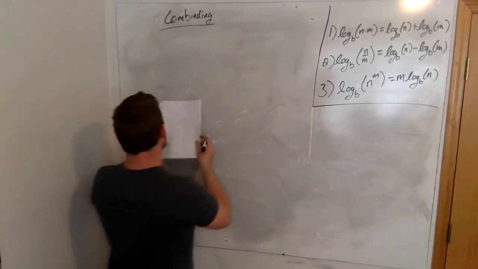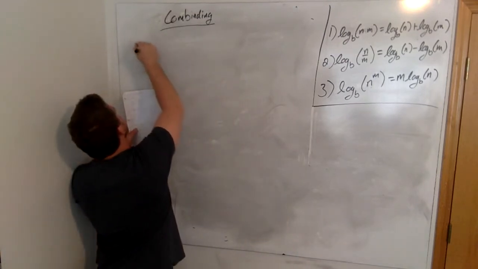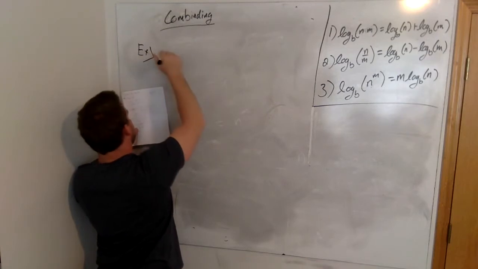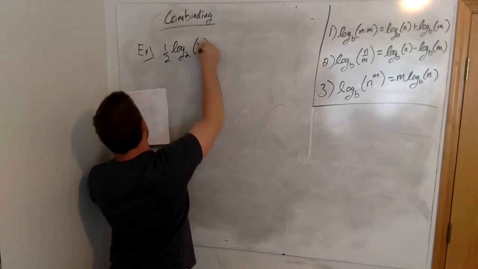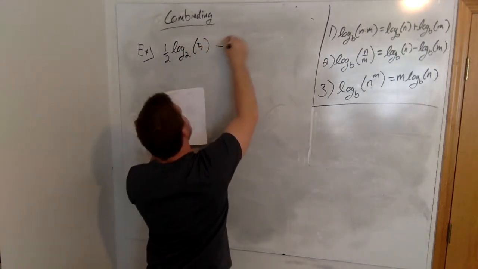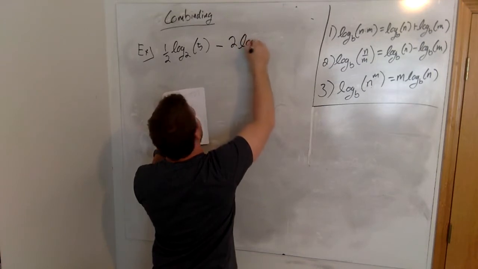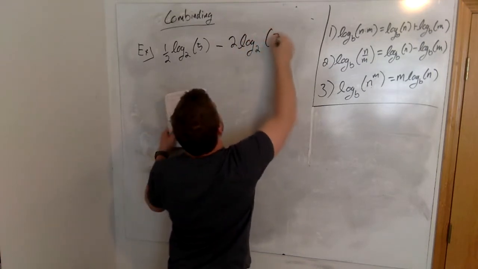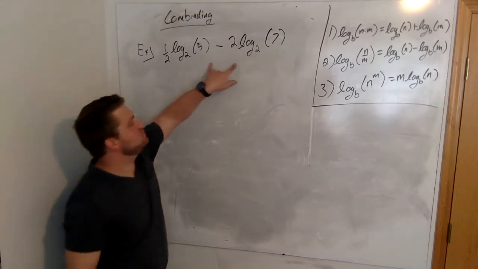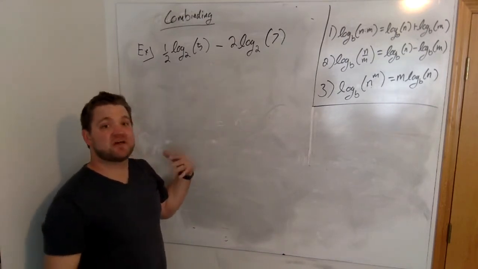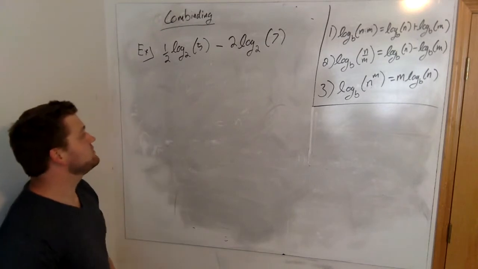So, for example, let's say we have 1/2 times log base 2 of 5 minus 2 times log base 2 of 7. So what we want to do is take this logarithmic expression and condense it down to just having a single log. Pause the video and give this a shot.